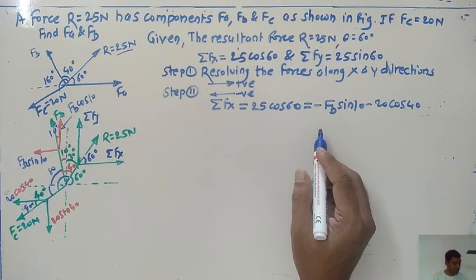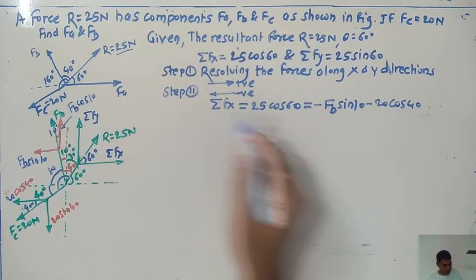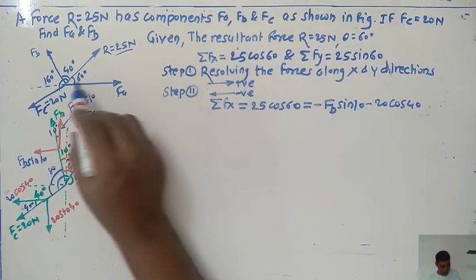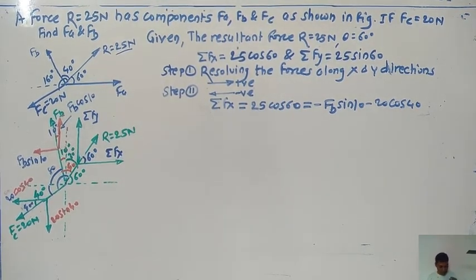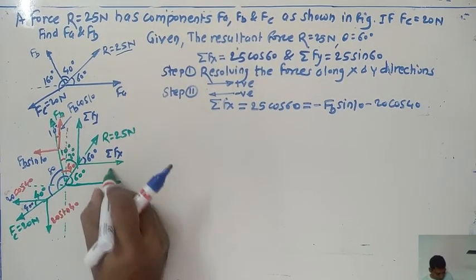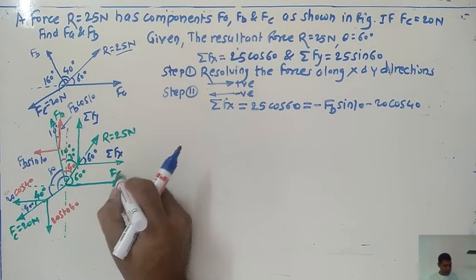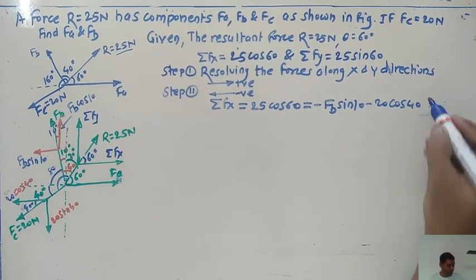If you just see in this case, one more force is here. What about that? The FA force. The FA force is not shown here. FA is also running in the positive direction, so just add this FA force.